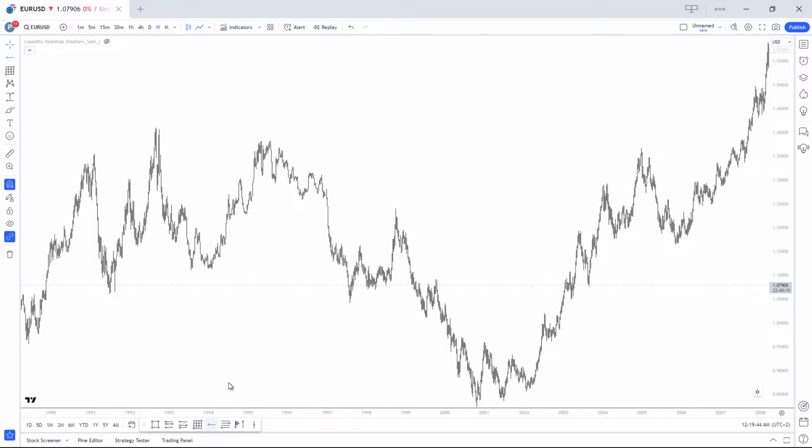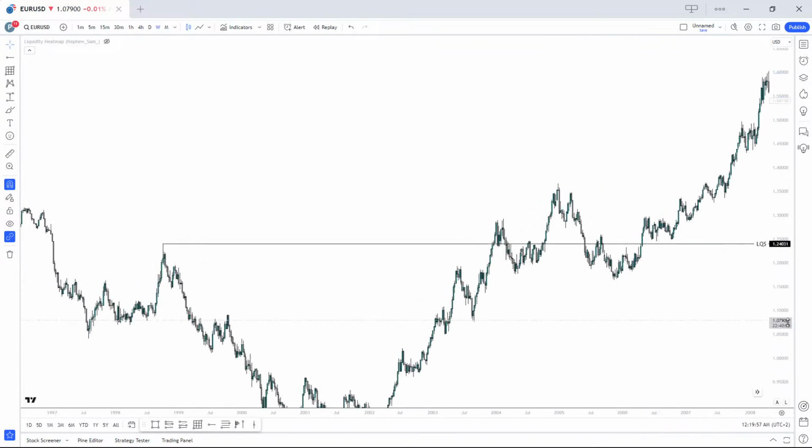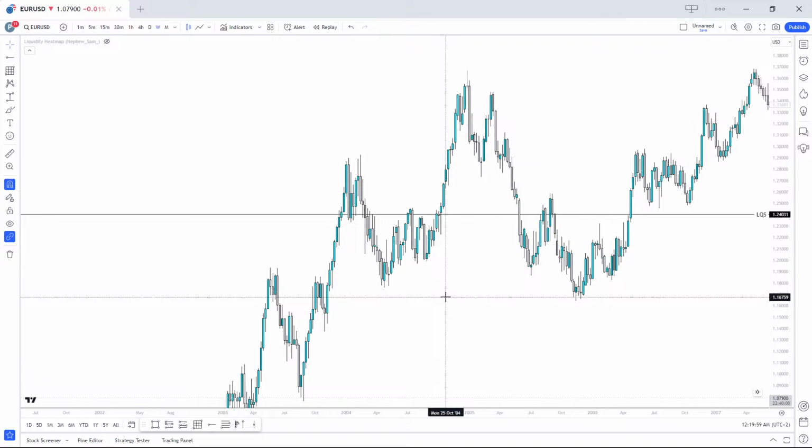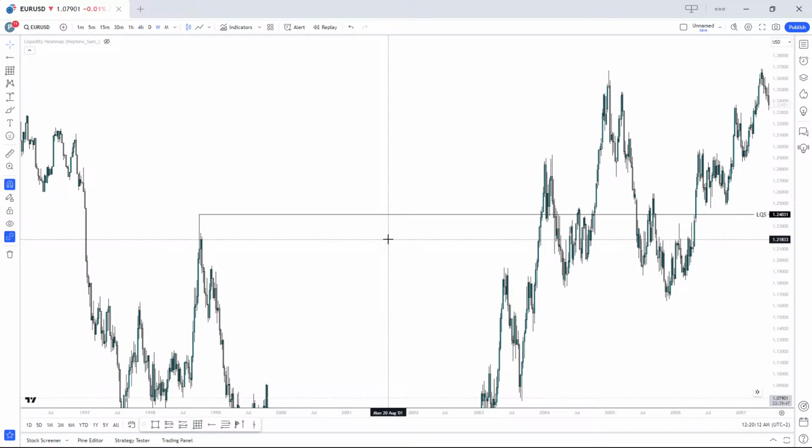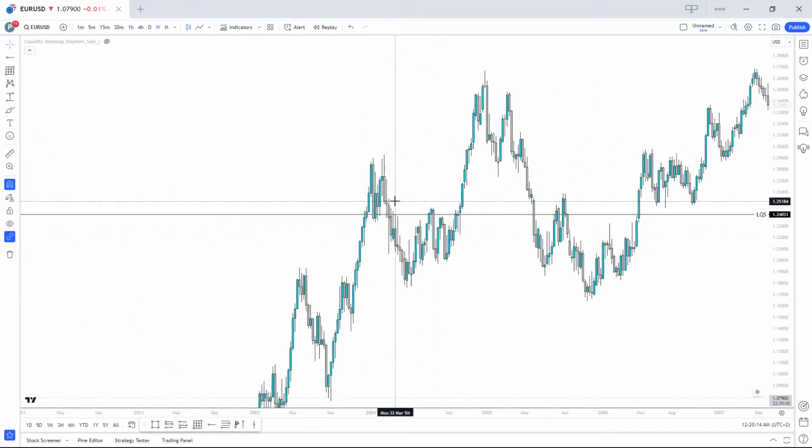Alright, let's do it like this. So this is the liquidity sweep right here. Liquidity sweep, but the reaction off of the move that made the liquidity sweep isn't valid.